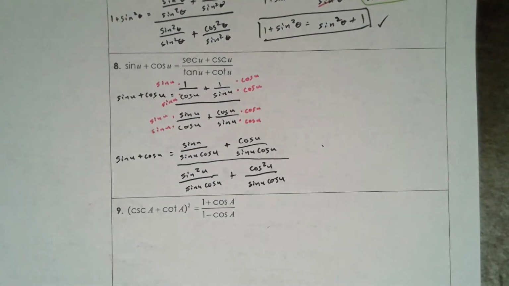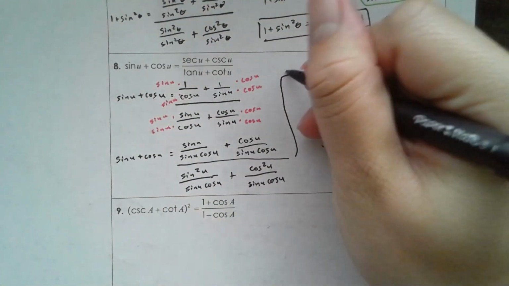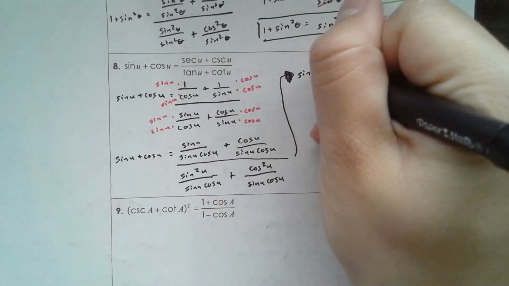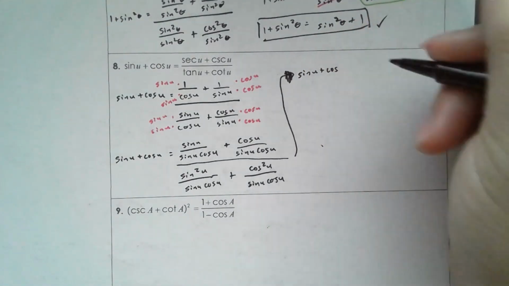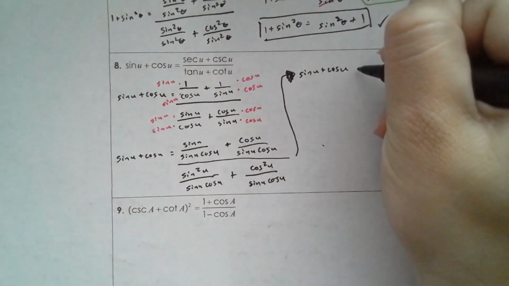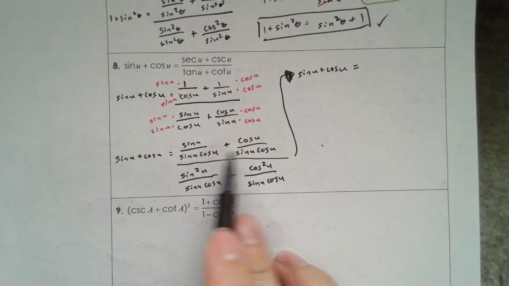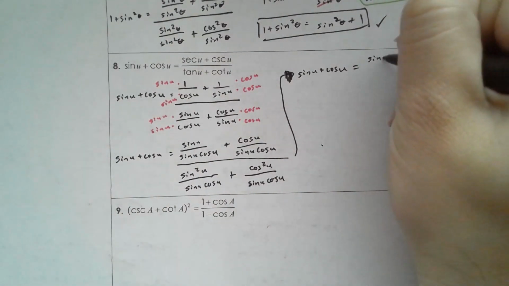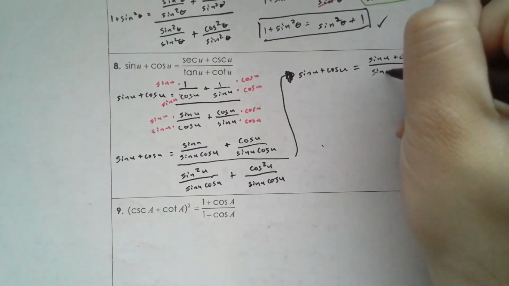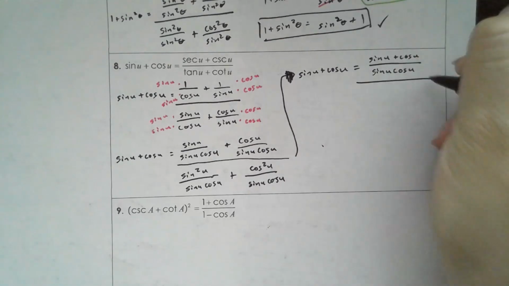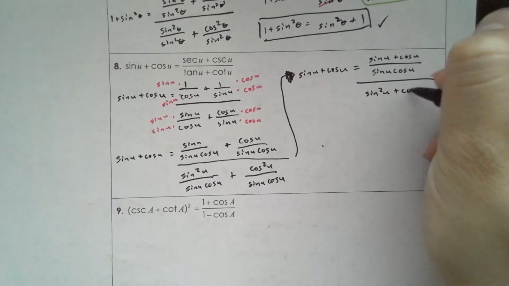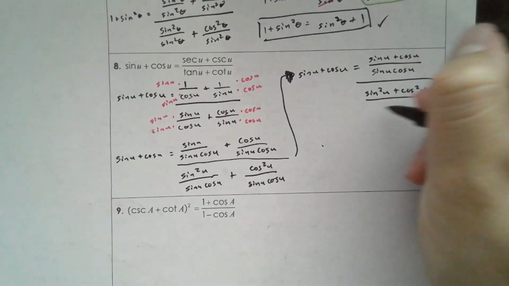Moving here, I have the left side, sine u plus cosine u. That's equal to, right here on the right side, I have sine u plus cosine u all over sine u cosine u, over sine squared u plus cosine squared u over sine u cosine u.